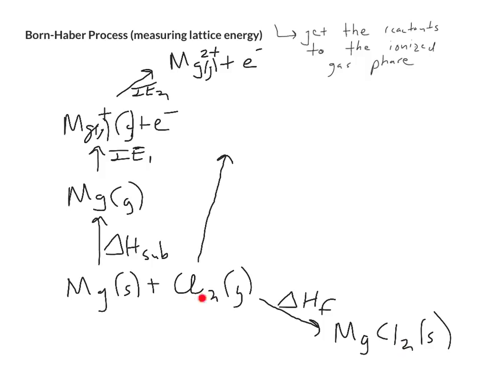So this molecule has to be broken apart, split into monoatomics. That energy is the bond energy of the chlorine-chlorine bond. Energy has to be put into the molecule to convert it into two chlorine gas atoms.